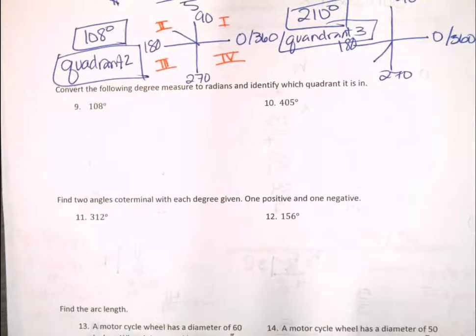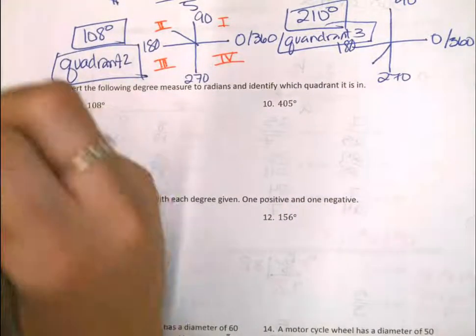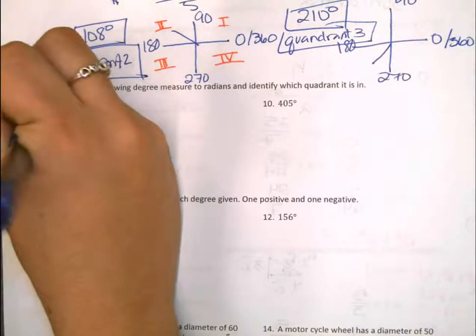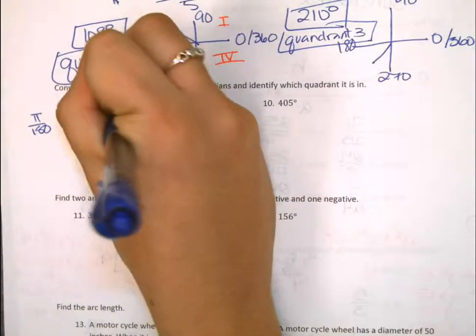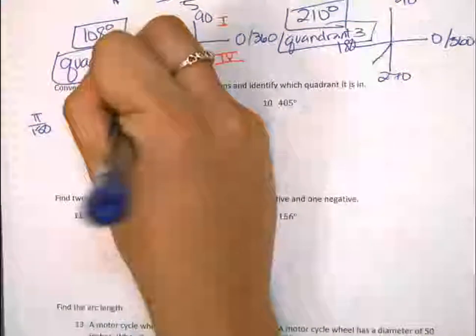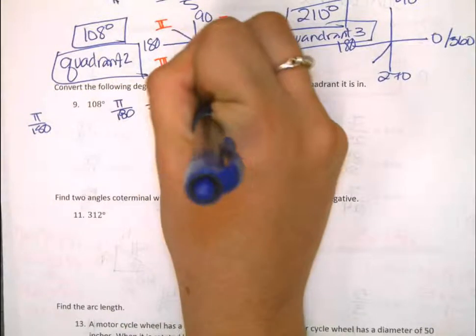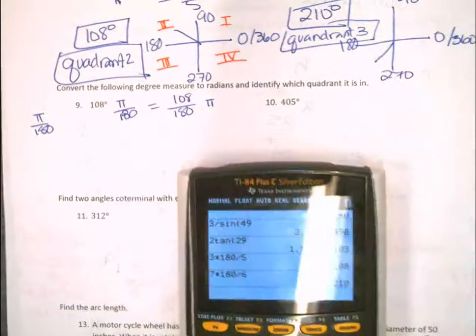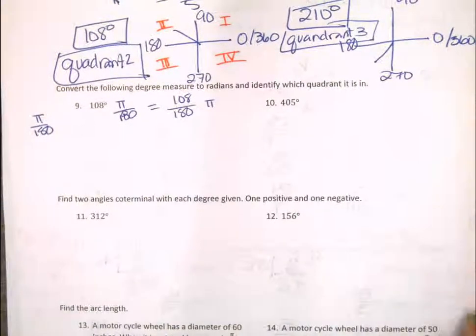Numbers 9 and 10 kind of work similarly, except this time I'm turning degrees into radians. So I'm going to do pi over 180 is the magic thing I'm multiplying by. So multiply by pi over 180. So I'm going to rewrite this as 108 divided by 180 and leave the pi off to the side. On my calculator, I'm going to do 108 divided by 180, and it gives me 0.6. I do not want the 0.6.